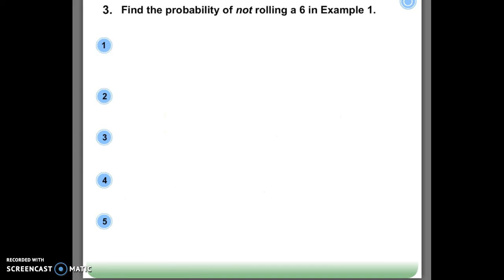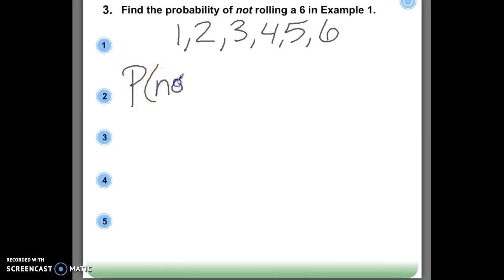So example 3 in our book asks us to find the probability of not rolling a 6. Again, if we have a dice, our outcomes are 1, 2, 3, 4, 5, and 6. Those are all the possibilities we have when we roll a dice. I want to know the probability of not 6.